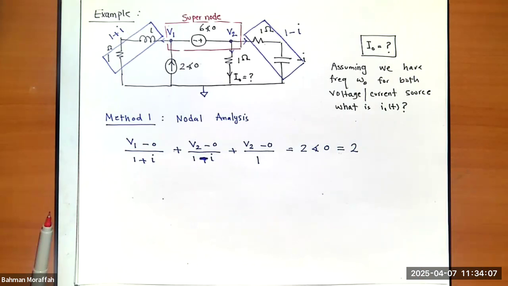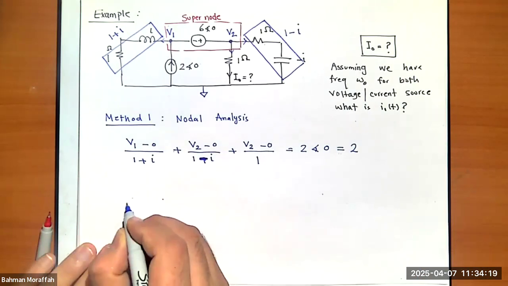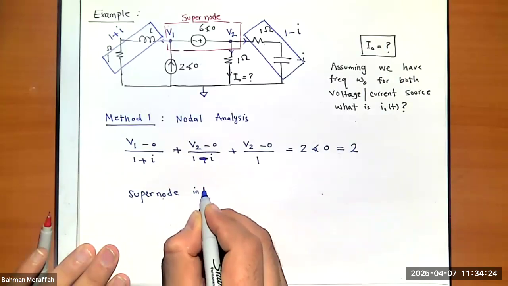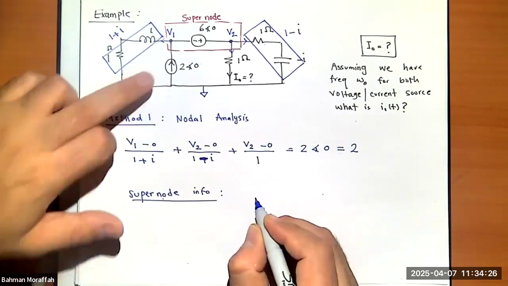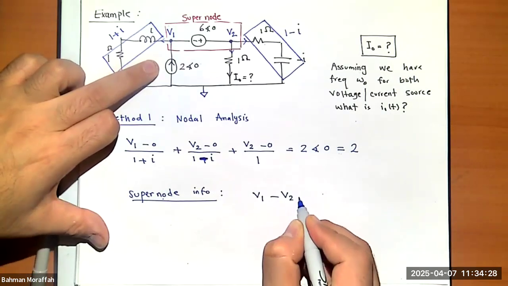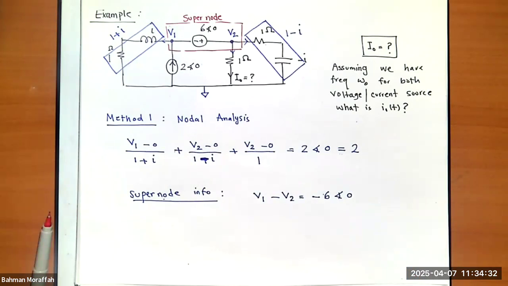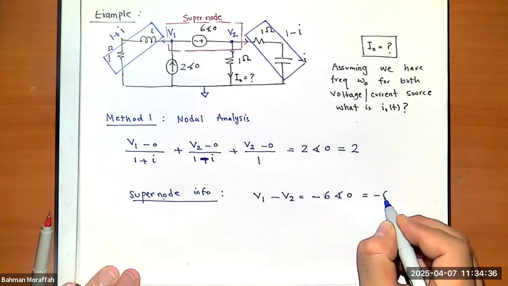As soon as I have a supernode, I know I'm losing some information. So I have to utilize the information that the supernode has given me. What is the information? Supernode info. Well, I know V1 minus V2 is negative 6 with phase 0, which is the same as negative 6.